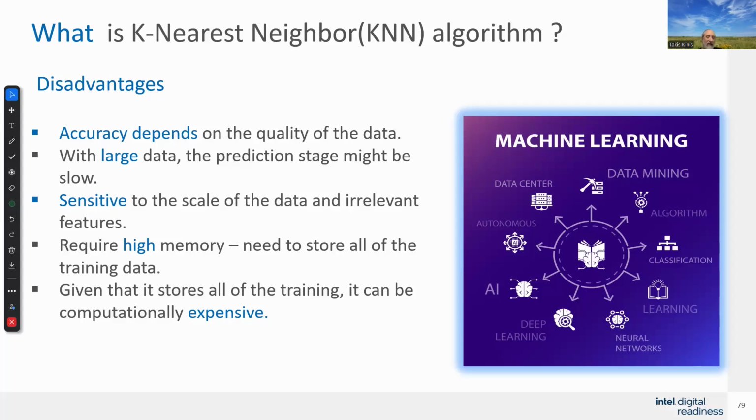It says that with a large amount of data, it can be kind of slow to predict. So it does scale well to the data itself. But one thing to think about here is that all the data that you're comparing to is going to need to be stored in memory as you're processing it.